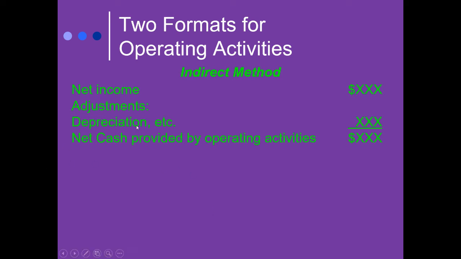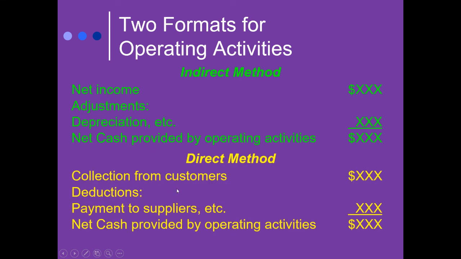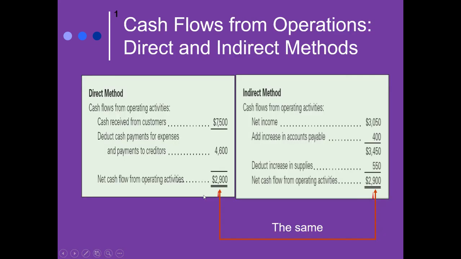Depreciation should not be included here. So for the direct method, you start with collection from customers, the inflows, and then you subtract the expenses, for instance payments to suppliers, etc. So these are the differences between the direct method and indirect method. The net cash amount will actually be the same regardless of which method is adopted.